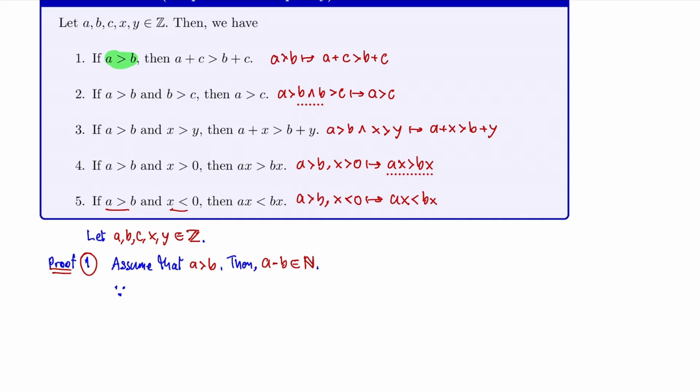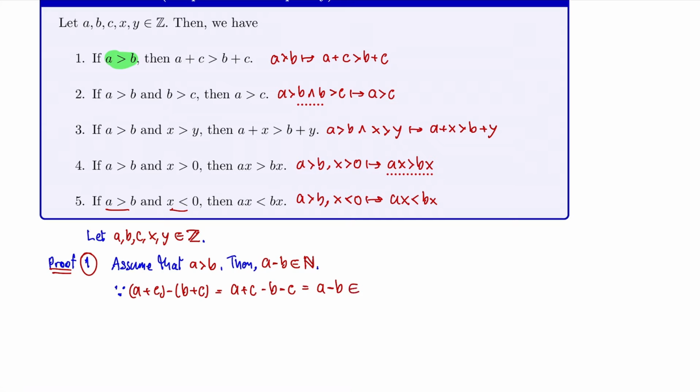I want to start with a plus c minus b plus c, and show that this is contained in the set of natural numbers. So we have a plus c minus b minus c. Plus c minus c cancels, so it turns out to be a minus b. And a minus b, we know, is in the set of natural numbers.